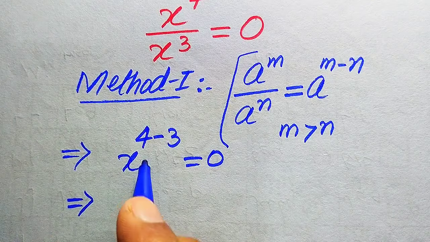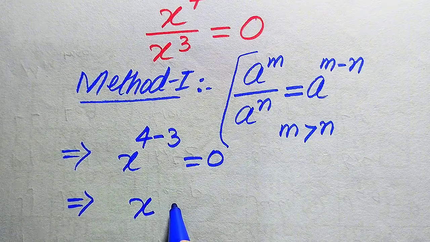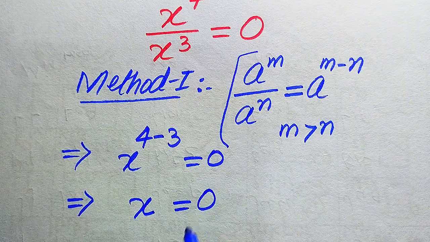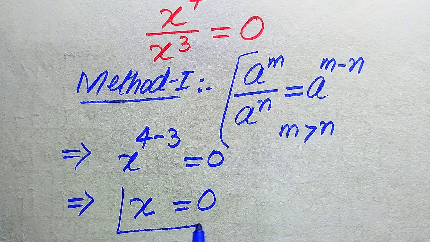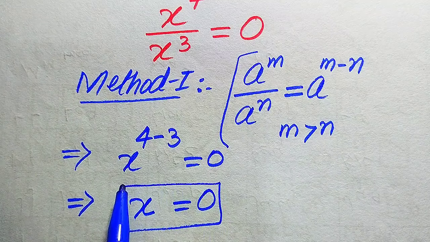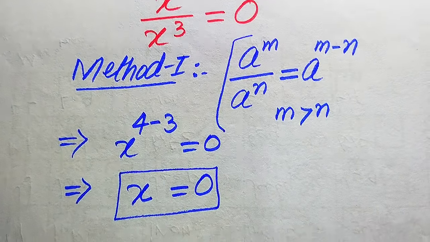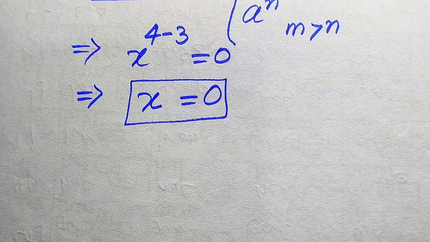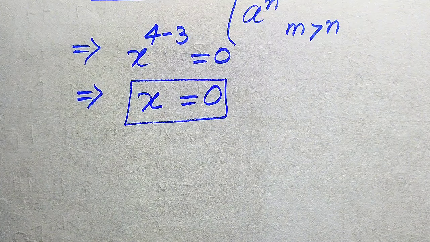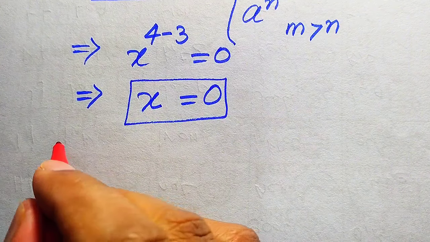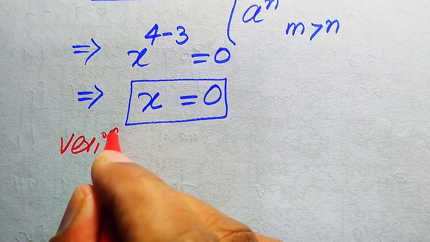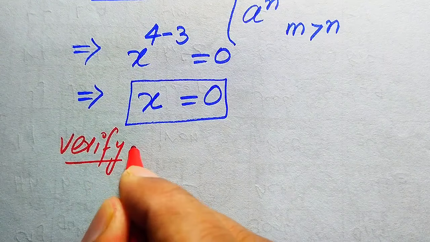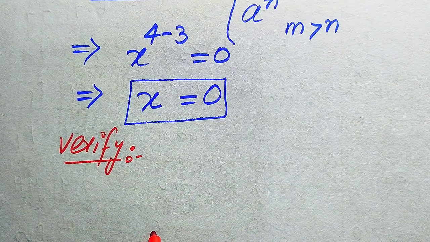In the next step, x to the power of 4 minus 3 becomes x only, and this whole equation is equal to 0. So we get only one root of the given equation, and that is x equals 0. Now in the next step we need to verify whether this value of x is a solution of the given equation, or whether it is an extraneous root.